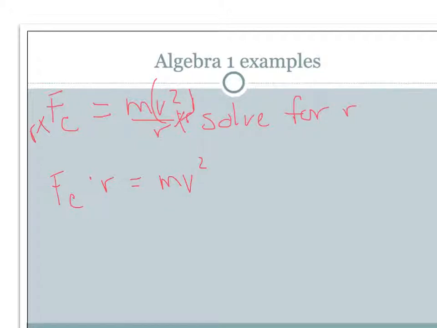We know we're trying to get r by itself, and so if we look at the r, we see that it's now multiplied by F sub c. So I'm going to divide both sides by F sub c. And that leaves me with r equals m times v squared divided by F sub c.